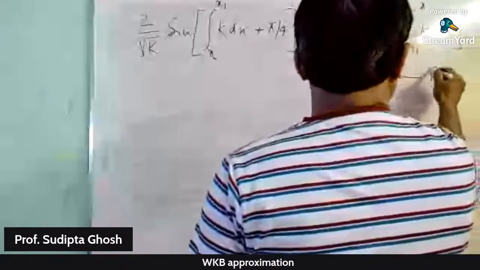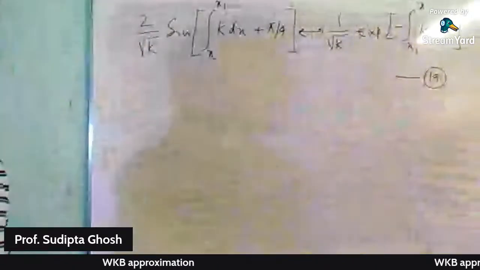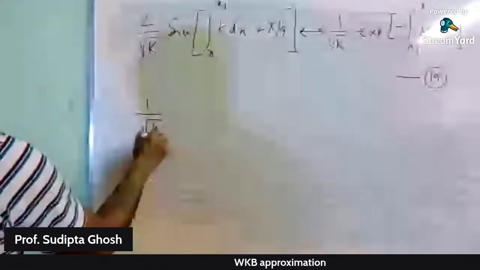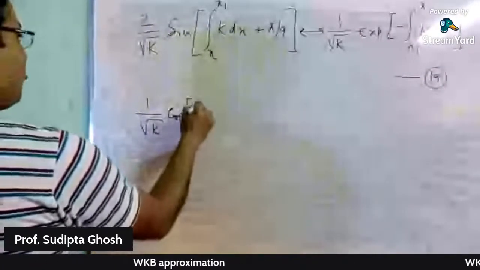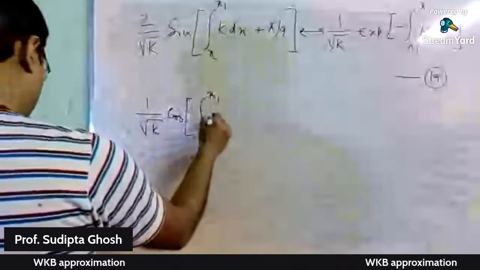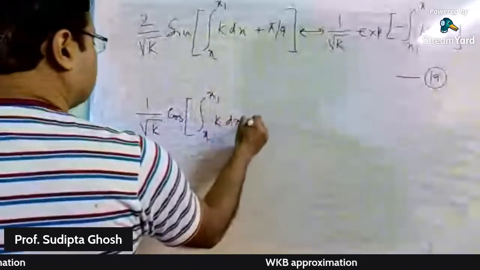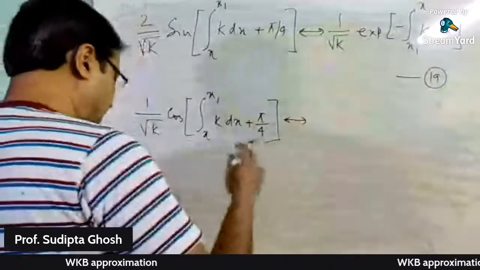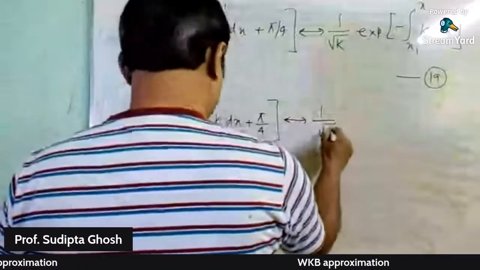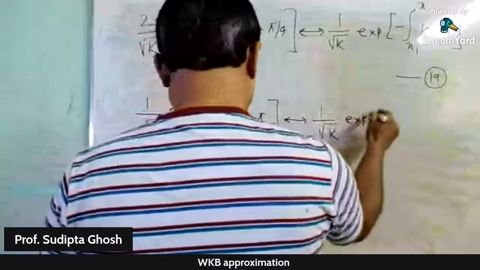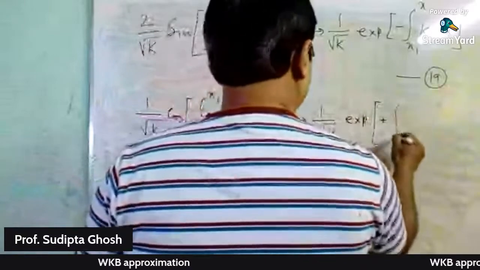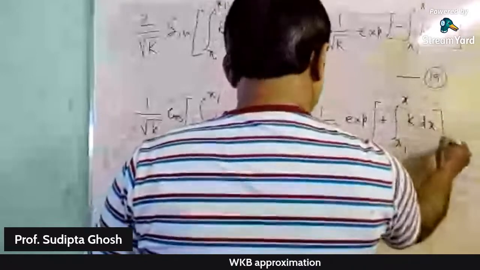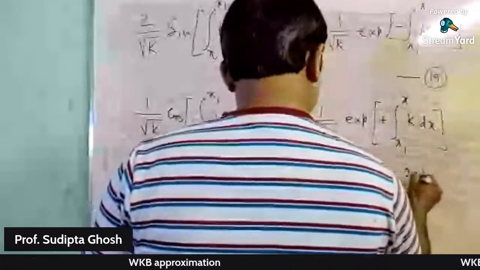This is a connection formula, equation 19, and the other one is 1 by root of k cos integral x to x1 k dx plus pi by 4, and this connects to 1 by root k exponential, that is e to the power plus of integral x1 to x k dx, and this is equation 20.